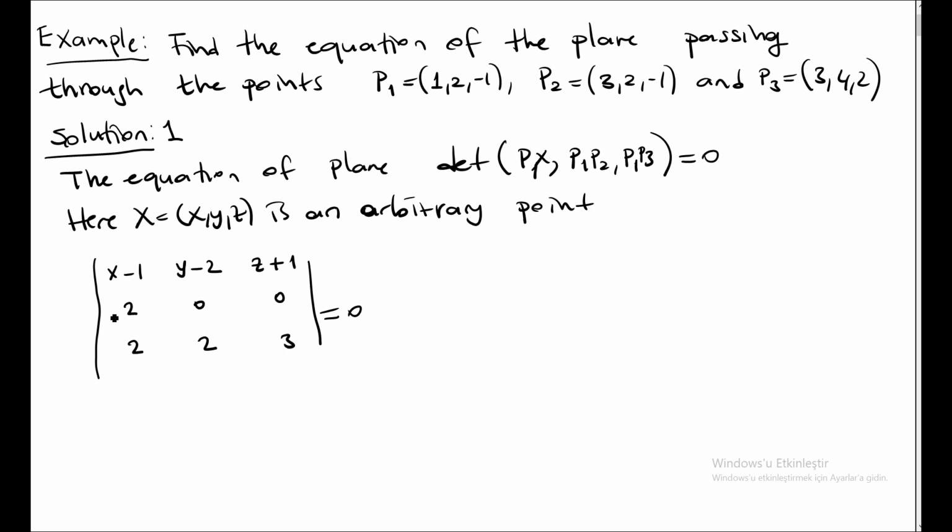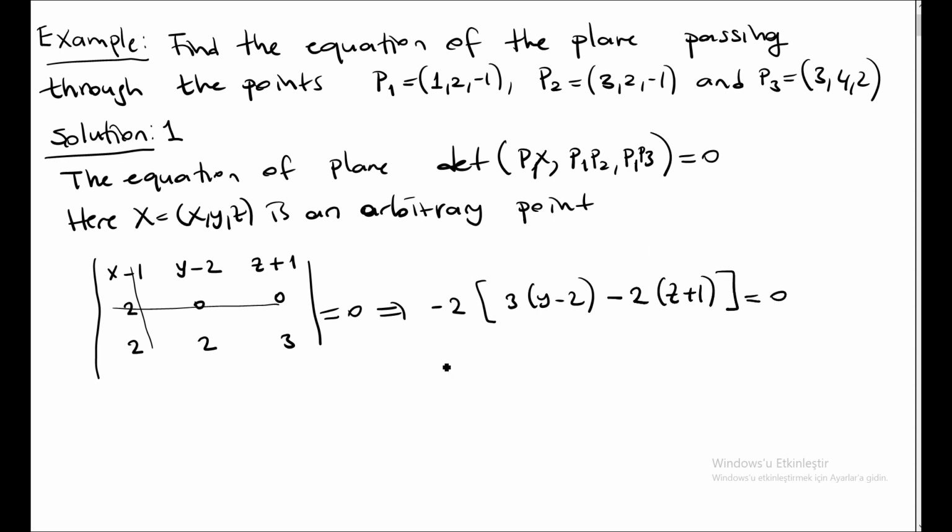To find this determinant, I expand it along this row. So you have negative 2 times 3 times y minus 2 minus 2 times z plus 1 equals 0. So negative 2 is not 0. So we have 3 times y minus 6, 2 times z minus 2 equals 0. So 3y plus 2z minus 8 equals 0.